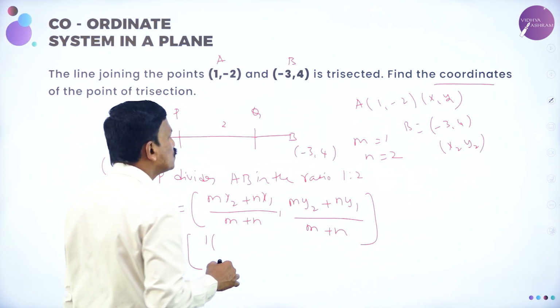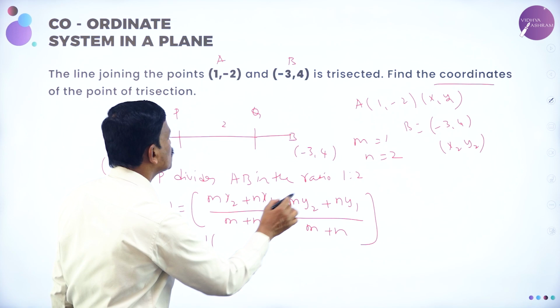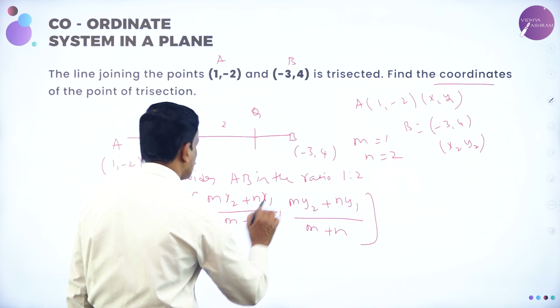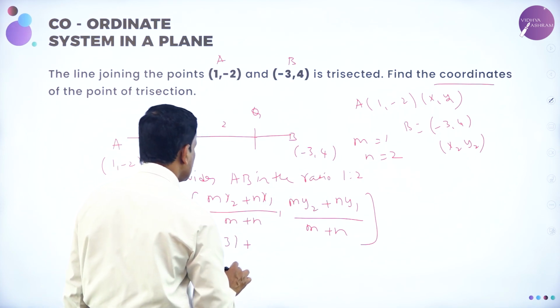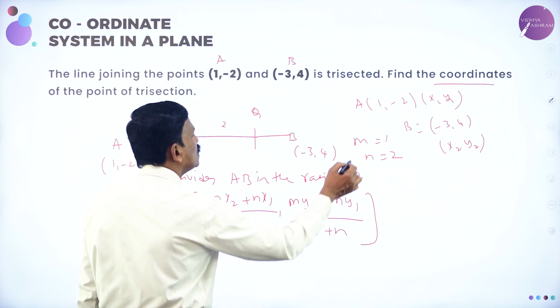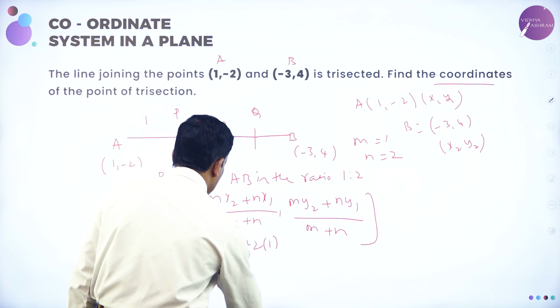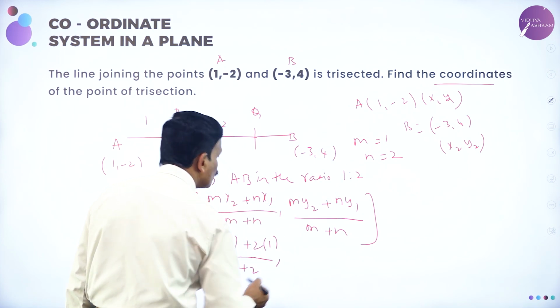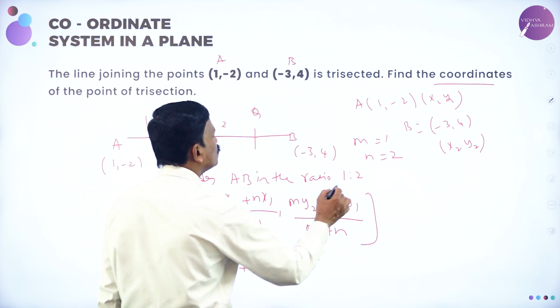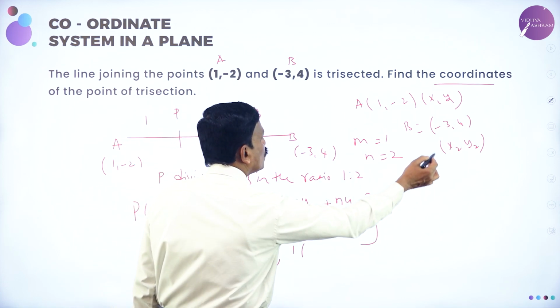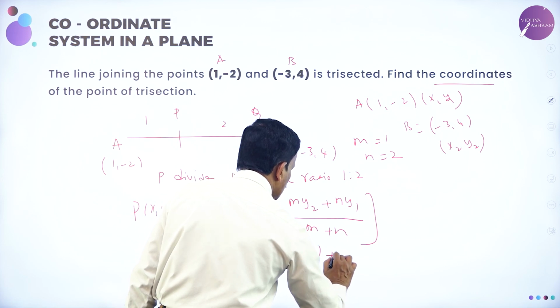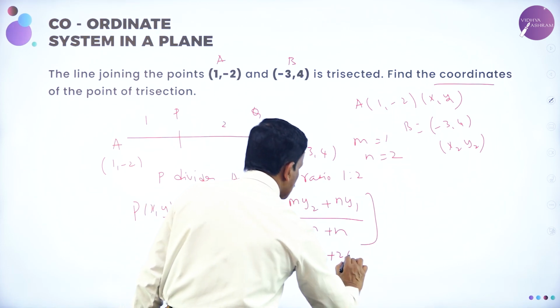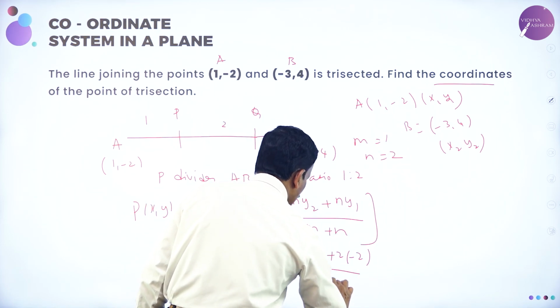Now m into, that is 1 into x2, x2 is equal to -3, plus n is 2 into x1, x1 is 1, divided by 1 plus 2, comma, m is 1 into y2 is 4, plus n is 2 into y1 is -2, divided by 1 plus 2.